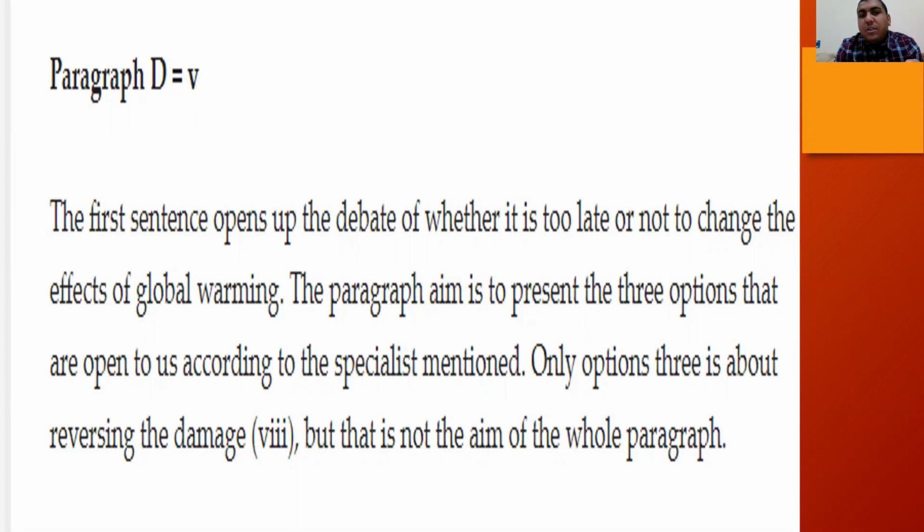And here, the paragraph aim is to present the 3 options that are open to us according to the specialists mentioned. Only option 3 is about reversing the damage. Okay, but number 8 here, that is not the aim of the whole paragraph.